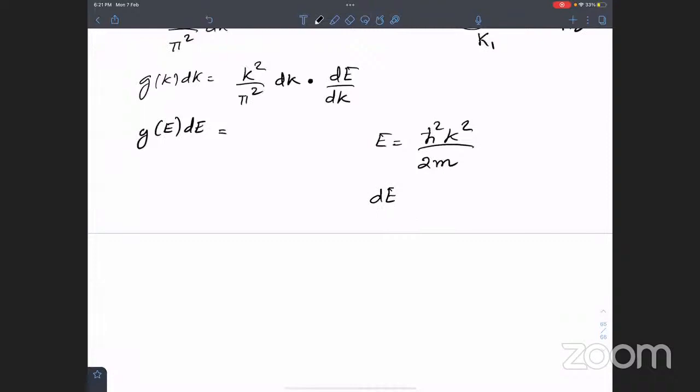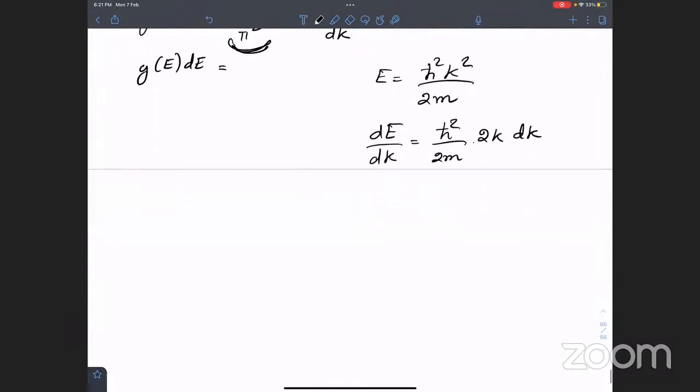So dE divided by dk is equal to h bar squared by 2m into 2k, and k squared by pi squared, this part is nothing but 2mE by h bar squared pi squared.